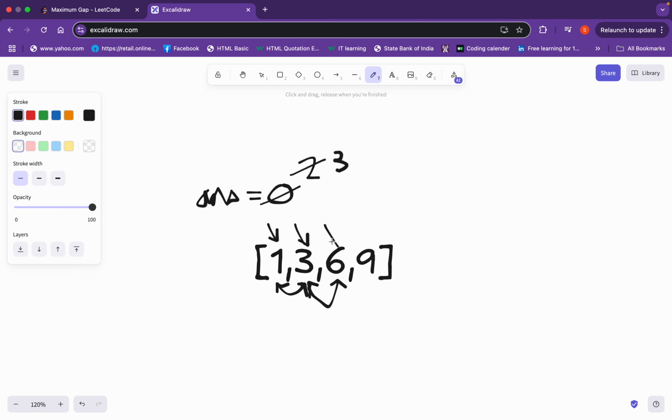Then we go for the second index. There we compute 9 minus 6, which is 3 again, which is the same as the current answer, so we will not reassign. So our maximum difference is 3. We stop here, since we only iterate till length minus 1.